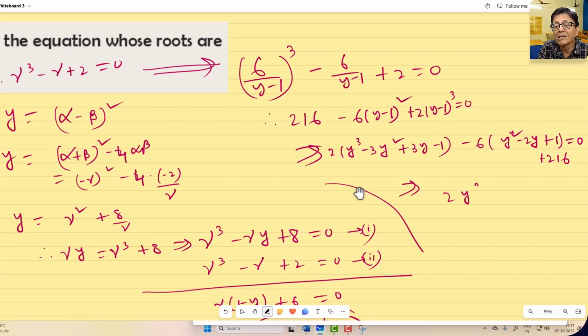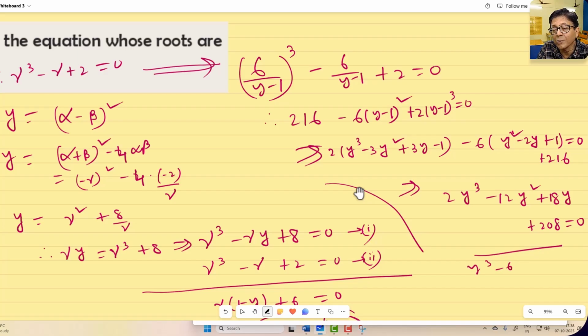So 2y cube minus 6 plus minus 12 y square, 6y plus 12y, 18y, then 208, because minus 6 minus 2 minus 8 gone, 208 equal to 0. Okay, divide both sides by 2, you get the required equation.